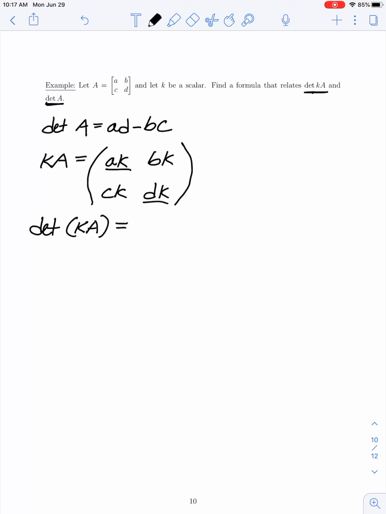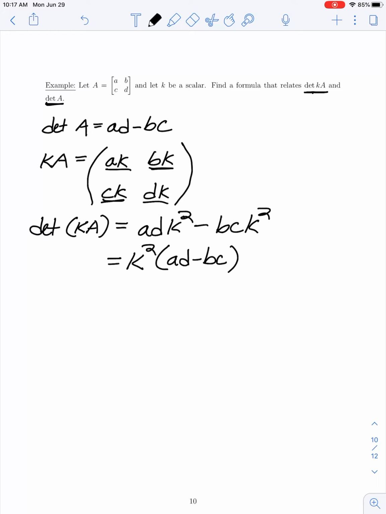So ak times dk gives us ad times k squared, minus the product of the off diagonals, bk and ck, gives us bc times k squared. So we can factor out a k squared from each term, and we're left with ad minus bc, which was the determinant of A.